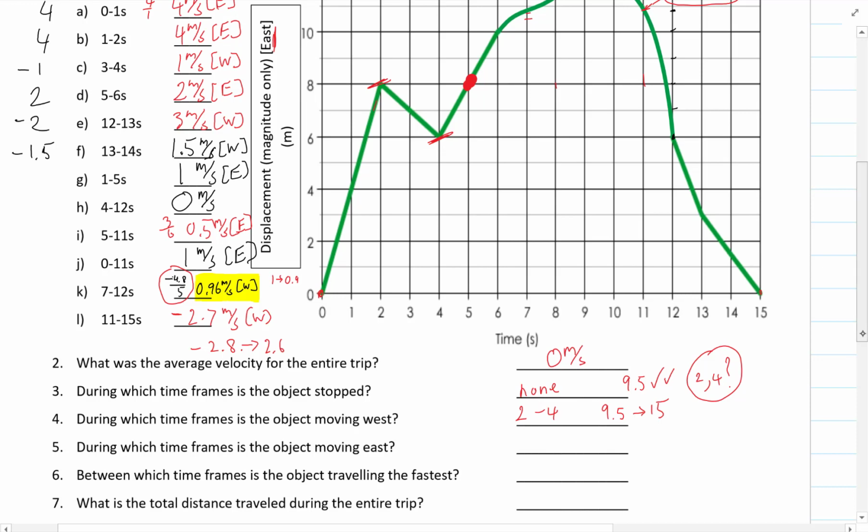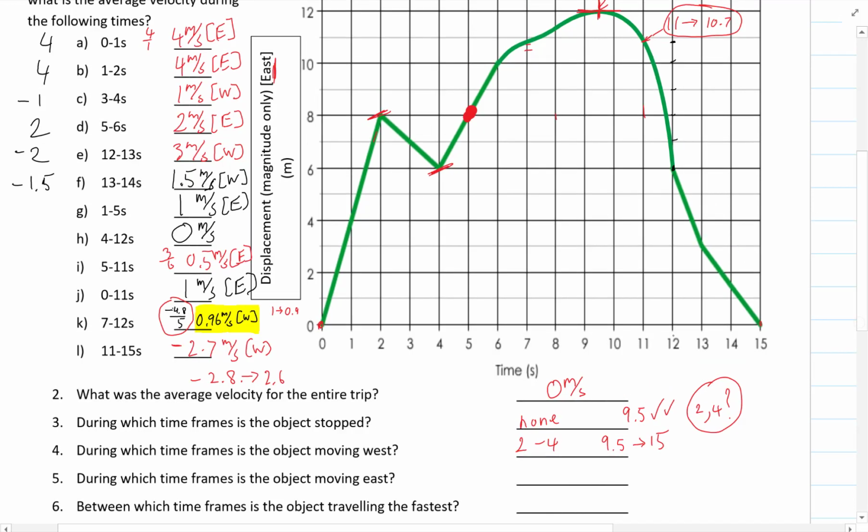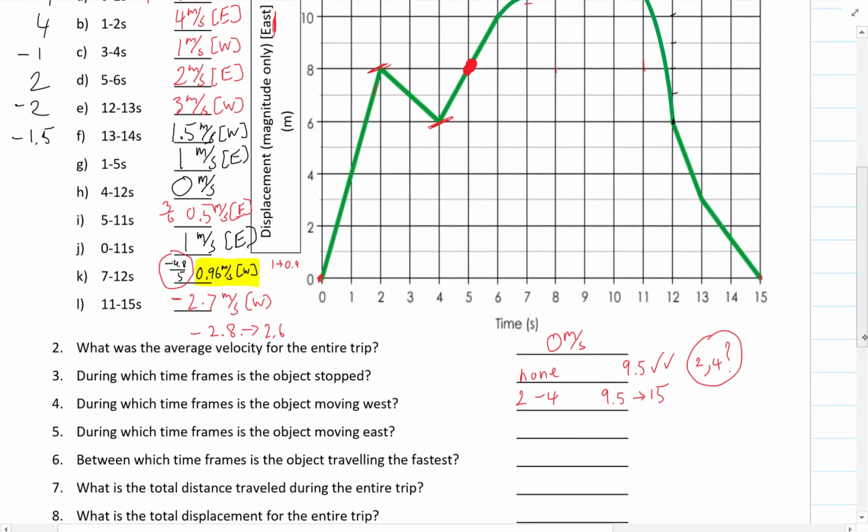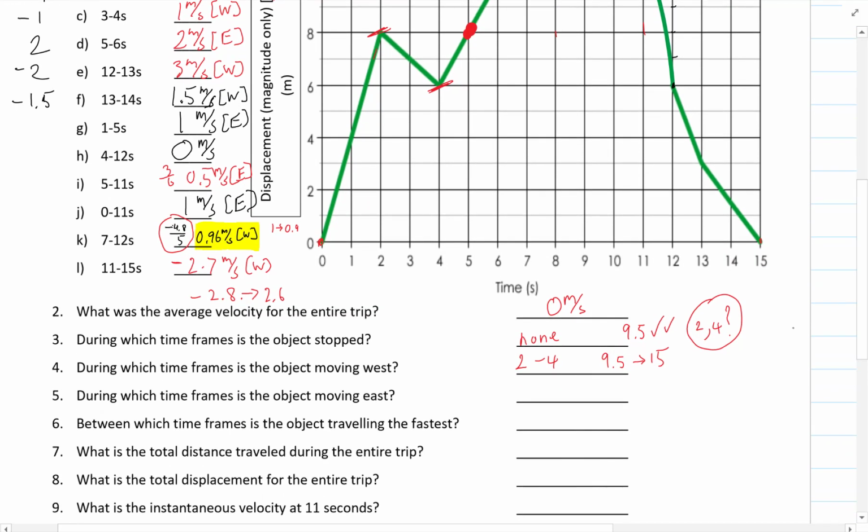And mathematically, is it moving west at 2? No. So we just leave the range. And which frames is it moving east? That's 0 to 2, and then 4 to about 9.5. That's the other range.